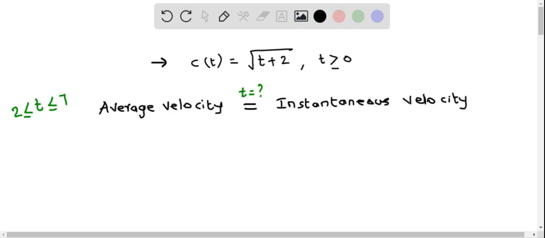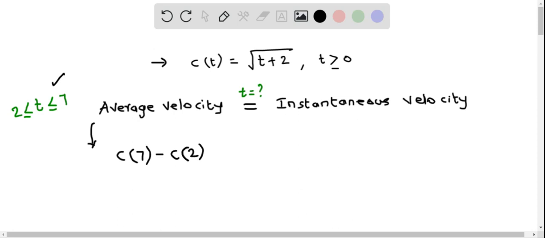So first, let's write the formula for average velocity. This is basically the change in position between the time intervals divided by change in time. So using this position function, I'm going to write down this change in position for this time interval, that is from 2 to 7. So I write down this as c of 7 minus c of 2.